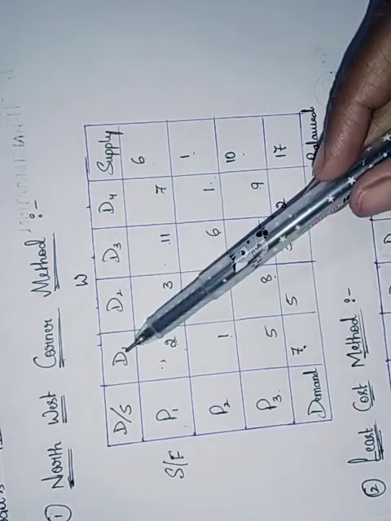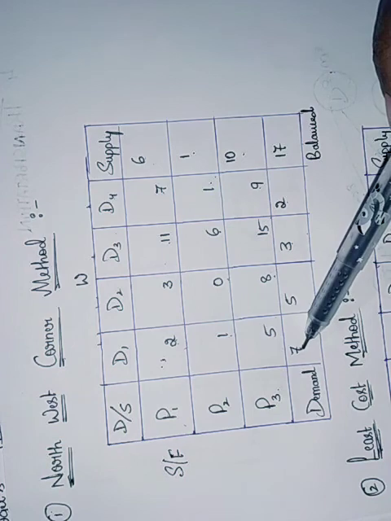Now let us start the allocation. Before starting, first compare the supply and the demand. In case of destination 1, demand is 7 units, but the supply is only 6 units. So we cannot supply the whole demanded quantity; maximum we can supply only 6 units.